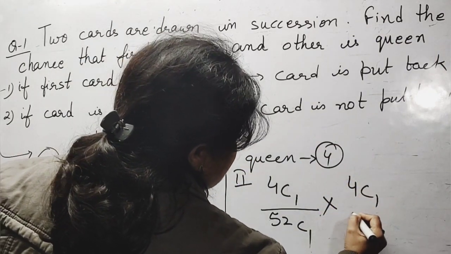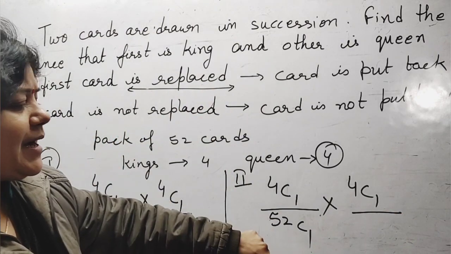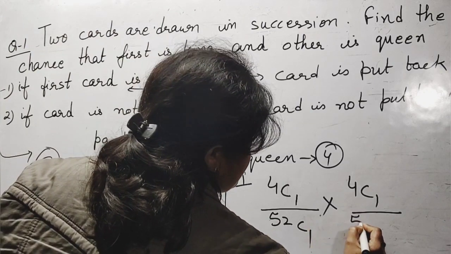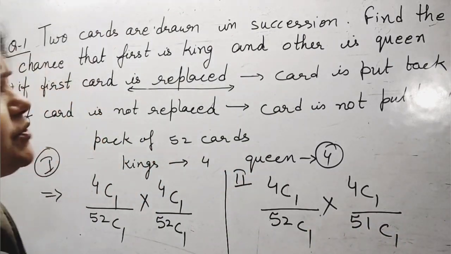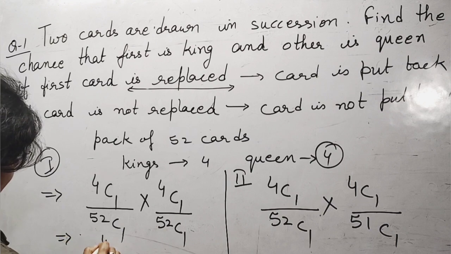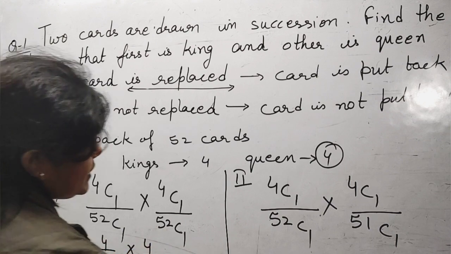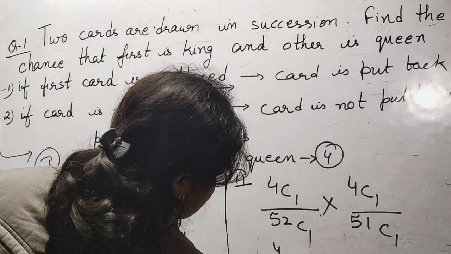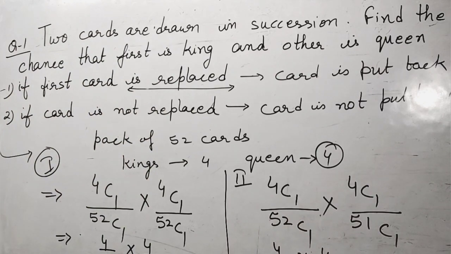So we have 4C1, but in place of 52, the card is not put back into the pack, so we are left with only 51 cards. This is the proper method by which we can solve these types of questions. The answer for the first case is 4 by 52 into 4 by 52, and for the second case we have 4 by 52 into 4 by 51. After solving this, you will get the answer.